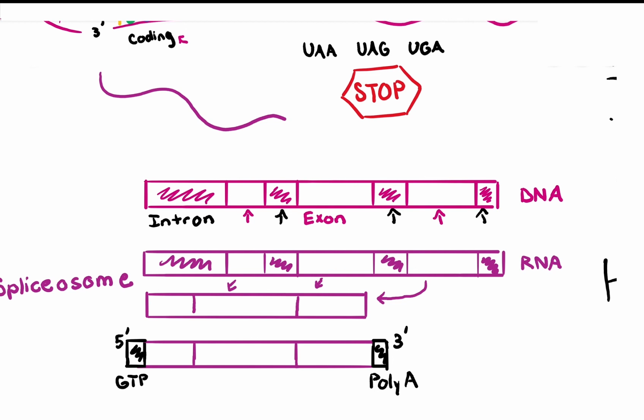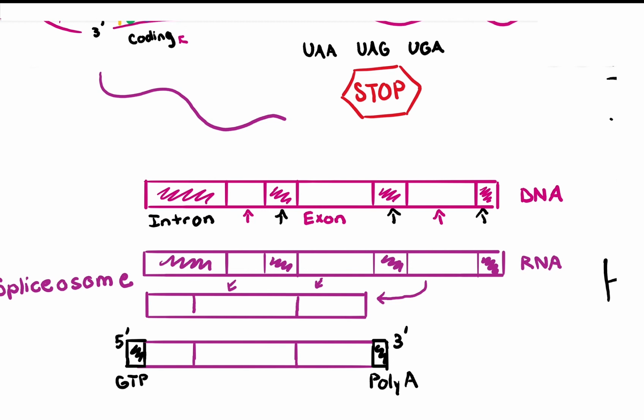This mRNA strand is also capped by your GTP cap and your poly A tail. Your poly A tail is on your 3' end and your GTP cap is on your 5' end. But this is your final mRNA, and it only ends once you get to the splicing stage.